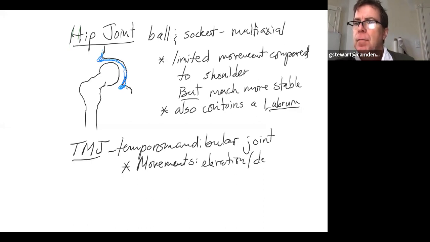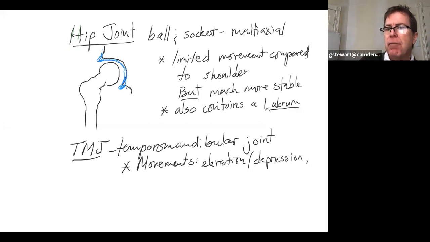Depression is when we open our mouths, so the mandible goes downward. There's also protraction and retraction. When you jut your jaw forward, that is protraction. Retraction is if you pulled it back.